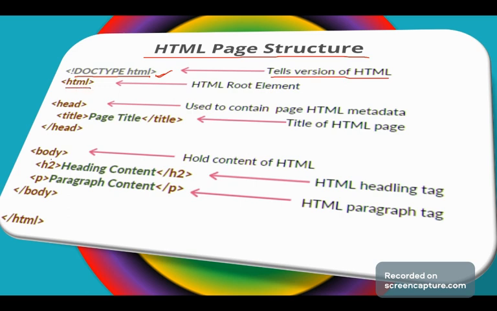Any text which is written under the angle bracket is known as an element or a tag. HTML, this is called the HTML root element. So that means the DOCTYPE helps us to mention the version HTML, HTML5 or XML, and the html element is nothing but the root element.